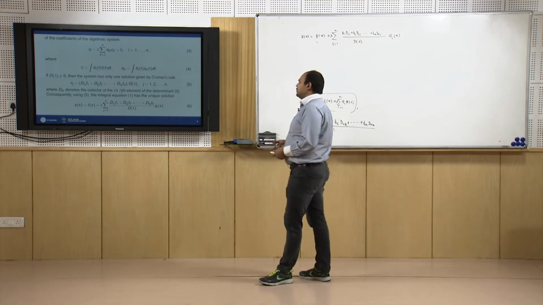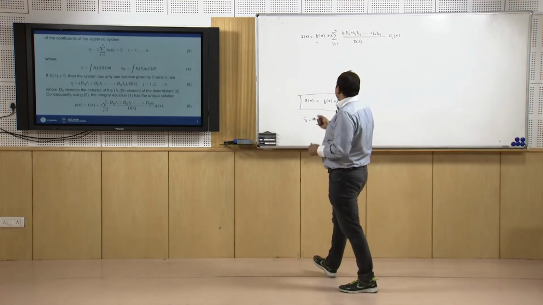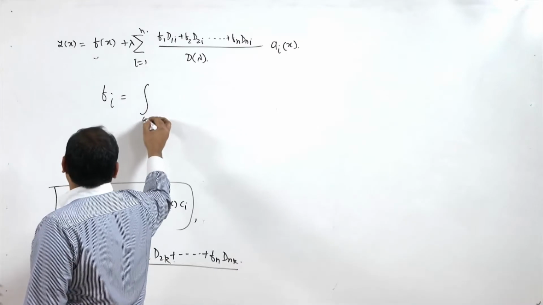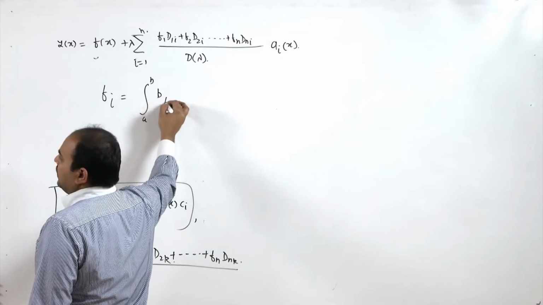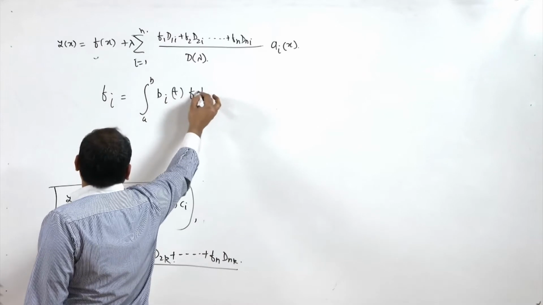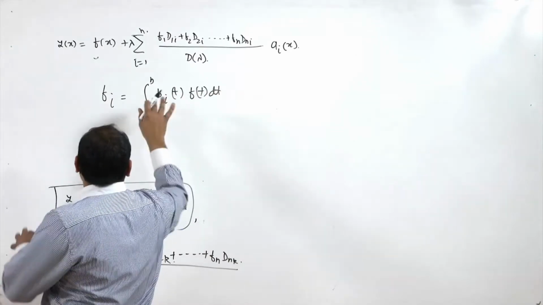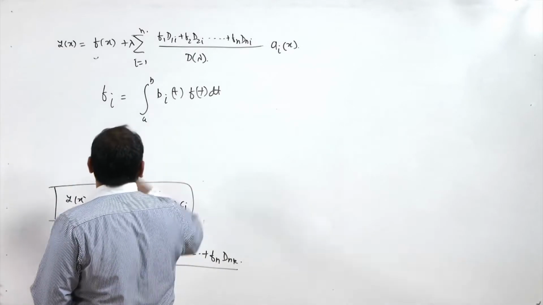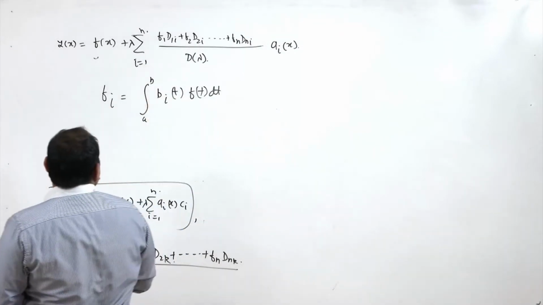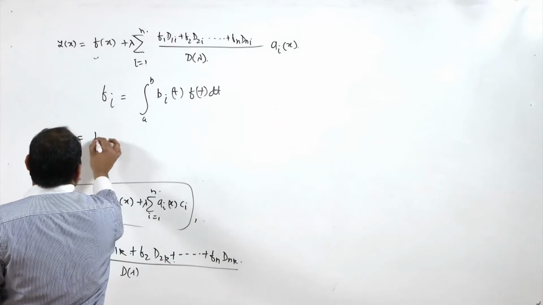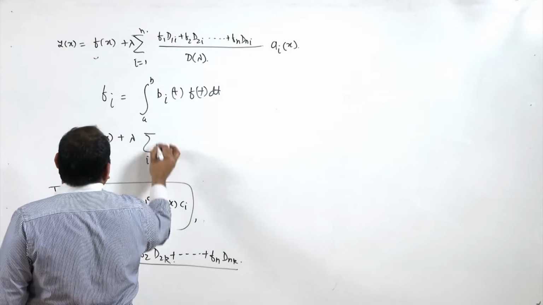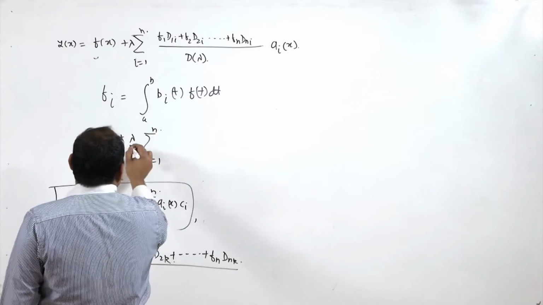Now if you further use the value of f_i, what is f_i here? f_i is given as integral a to b of b_i(t) f(t) dt. So if you use this notation, which we have already assumed, then you can further simplify this and write it as f of x plus lambda times summation i equal to 1 to n, and I am taking d lambda out.